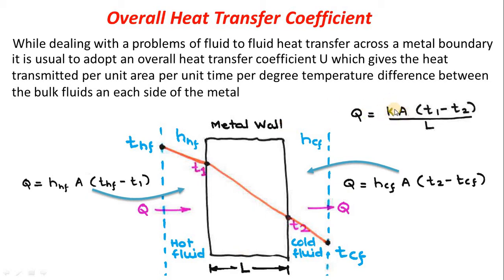K is the thermal conductivity of this metal wall. Using these inputs we can find Q separately at each junction, at this place, this place and this one.